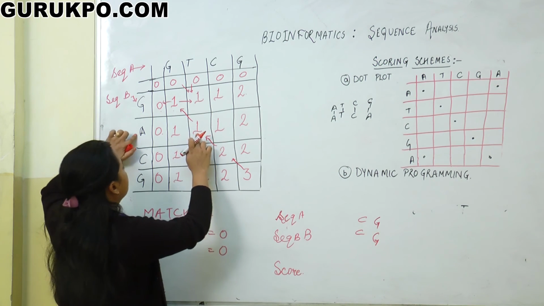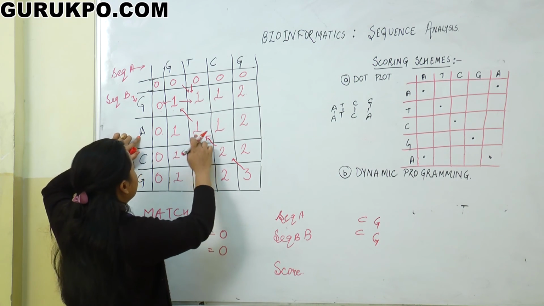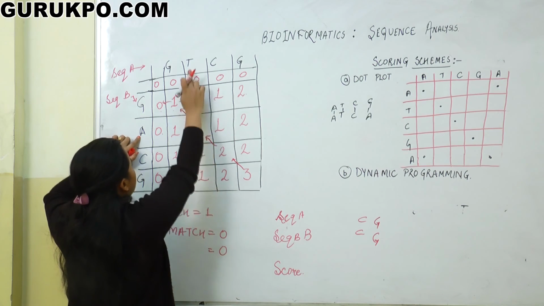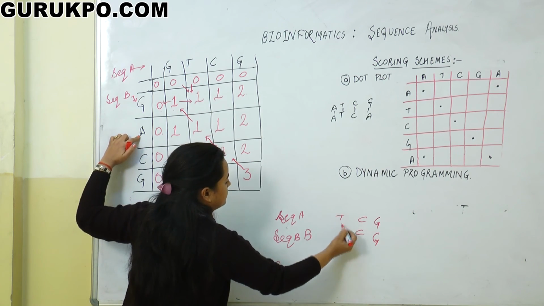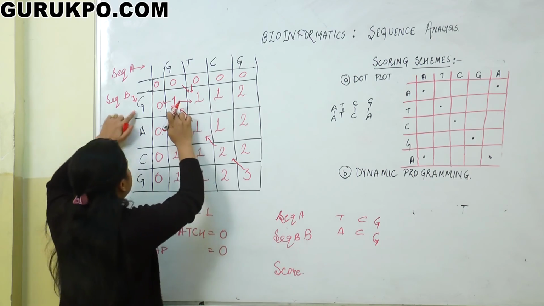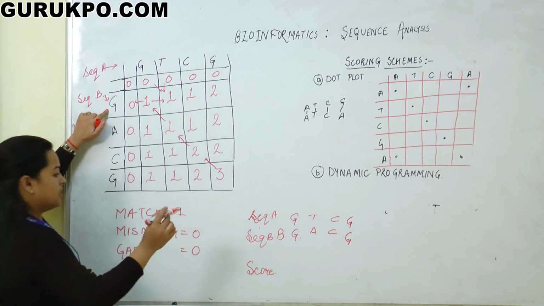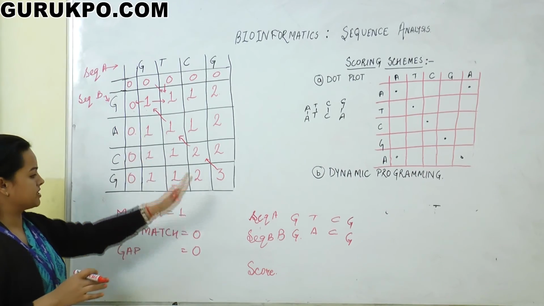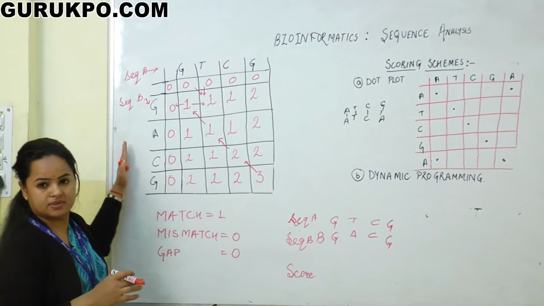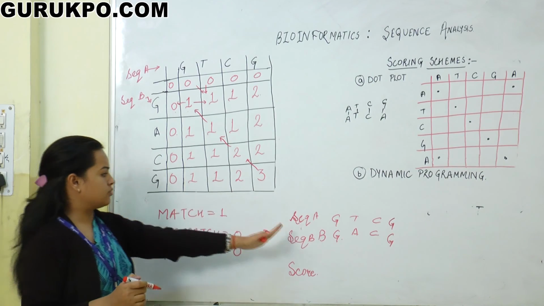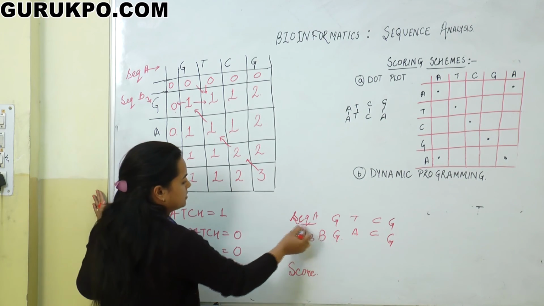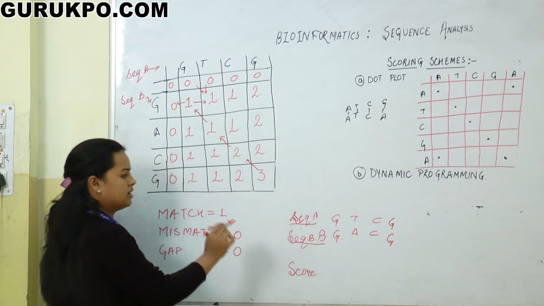This 1 has been written here, but as it comes in the path, we will write T and A. Again, a G and G. This is the basic outcome from this matrix: these were the possible sequences, and sequence A and B are matching with each other in this respective way.